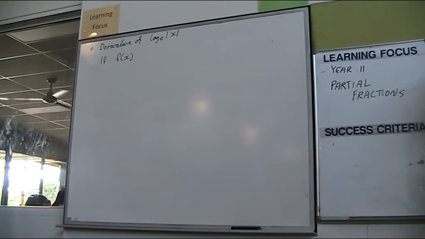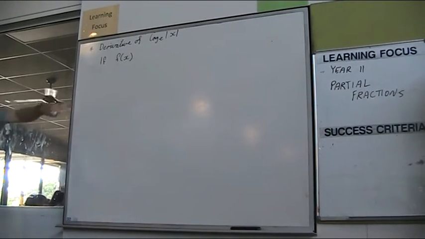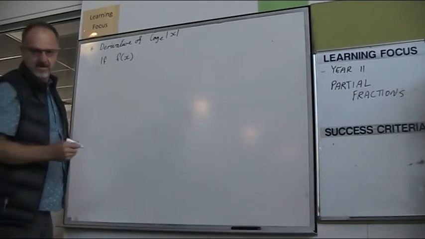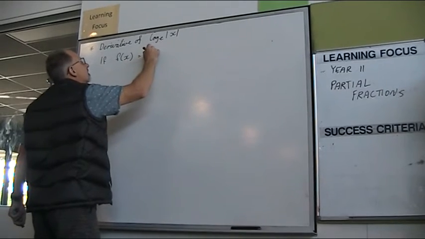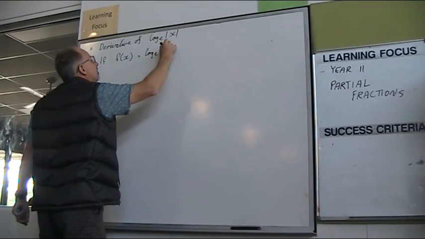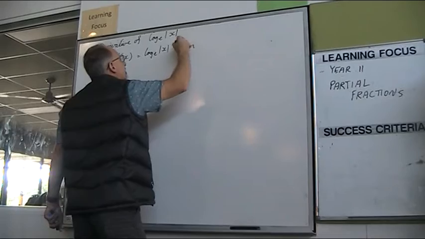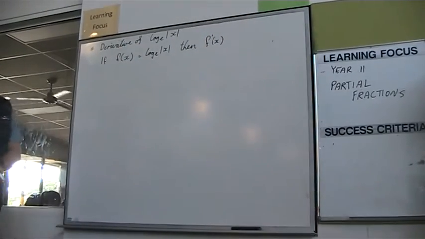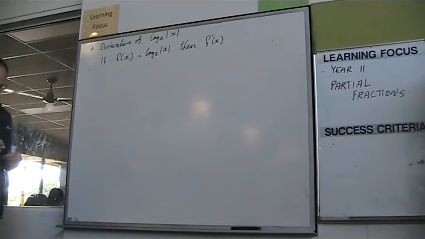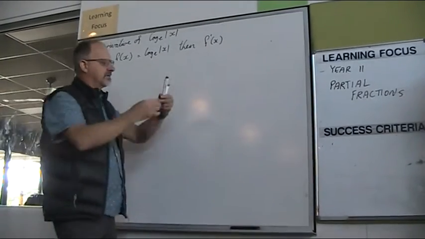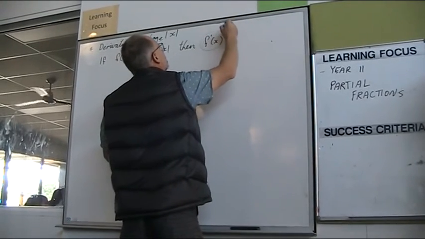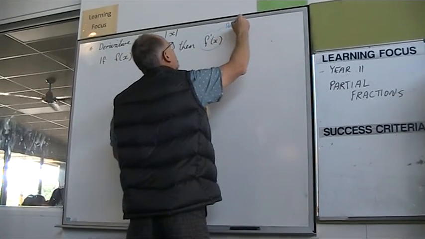I used y and x before, but if I use function notation, f(x), then if f(x) equals log to the base e of the magnitude of x, then the derivative, which we write as f dashed x, means the derivative.